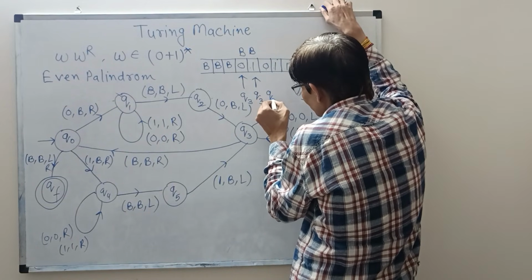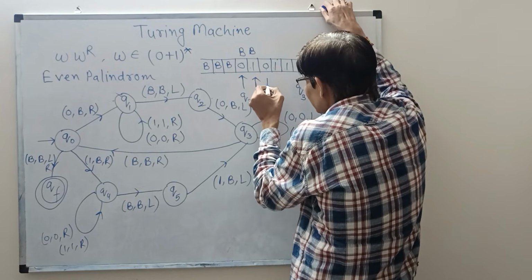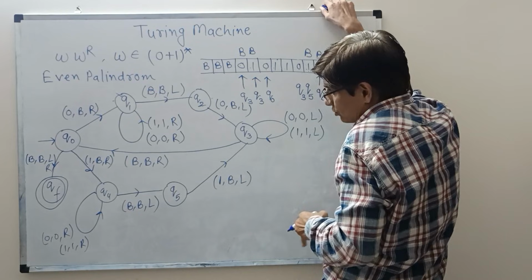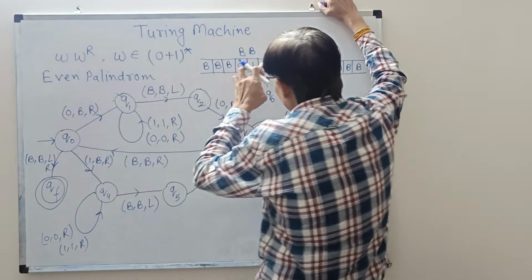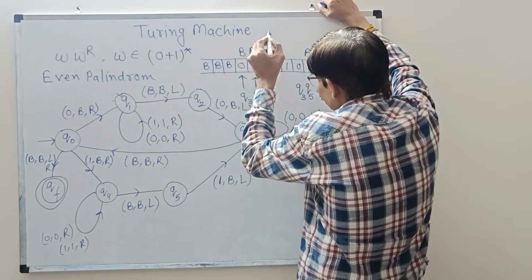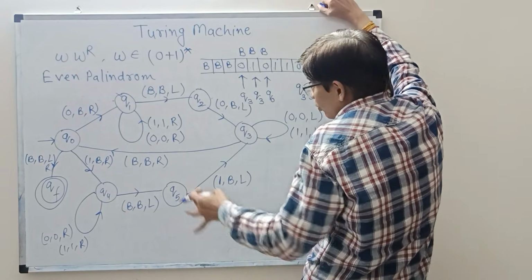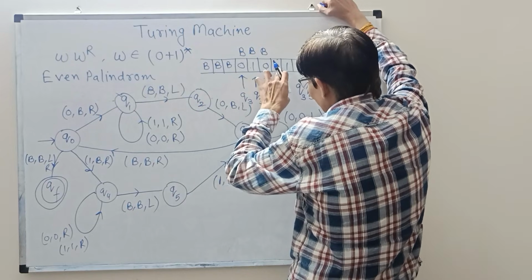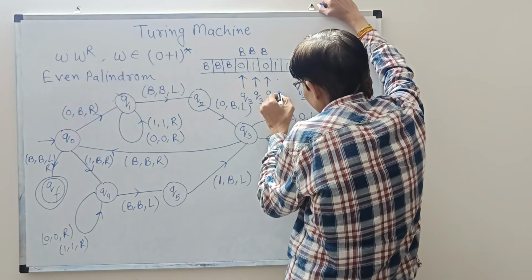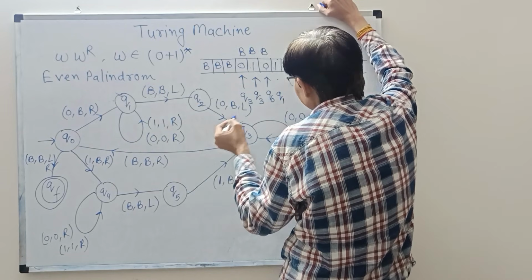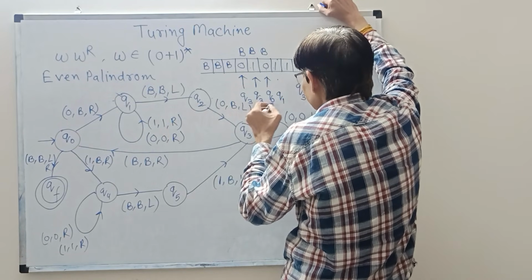So you are on Q0, you are getting this 0 again. On Q0, if you are getting 0, you will convert it into blank and you will move to Q1. Then on Q1, if you are getting 1, you will leave it as it is and move towards right.